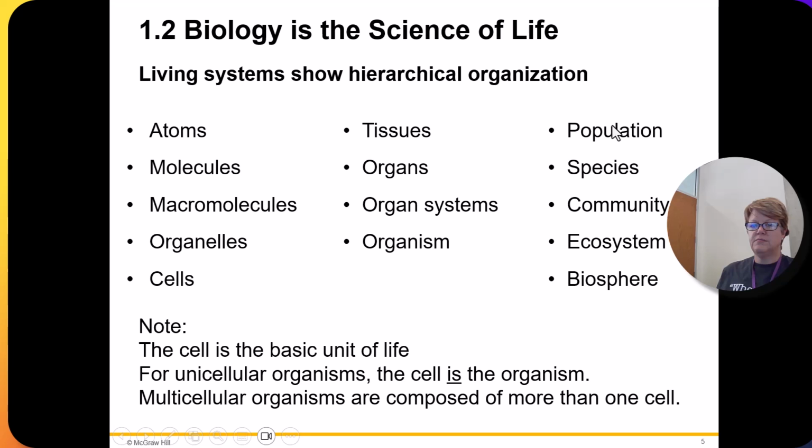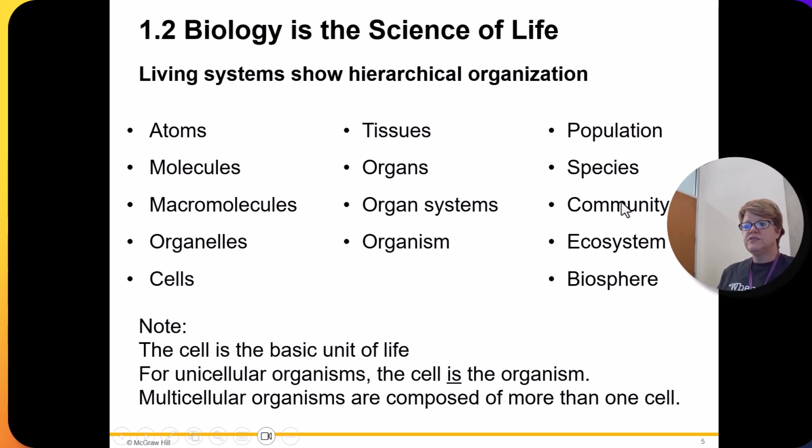And then population and species are pretty similar. A population is just a group of organisms of the same species living in one geographical area, whereas the species itself would consist of all the organisms in the world of that same type. A community would be multiple species, plants, animals of different types living in a certain area.